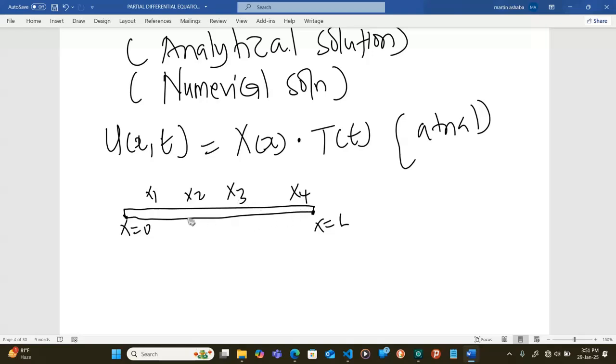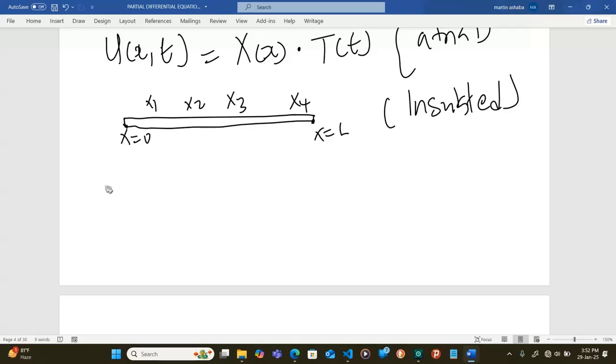And here we are assuming that this bar is insulated, meaning we have only one flow of heat in one direction. Heat is not being lost to the surroundings, heat is only traveling in one direction. We are assuming something like heat flowing in a pipe, and nothing escapes along the journey from x equal to 0 to x equal to L.